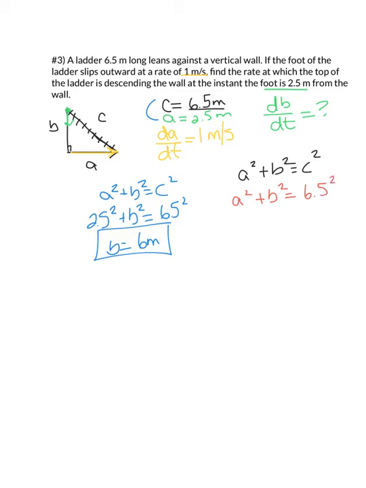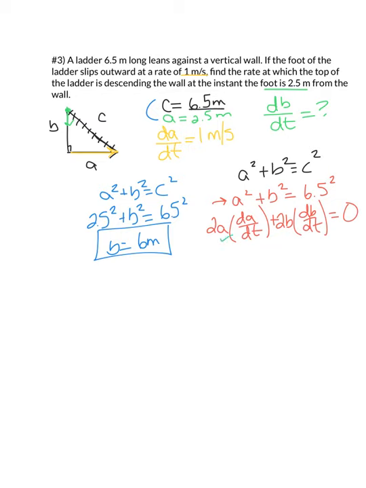So when I'm thinking about my steps, I have a diagram, I've written my knowns and my unknown, I have my formula, and now I'm going to derive this. So 2a dA by dt plus 2b dB by dt is equal to the derivative of a constant, so that is 0. Derivative of a constant is always 0. I can go ahead and plug in my information.